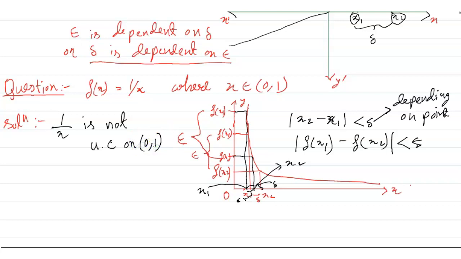So friends, I hope I could make this concept clear. When it is uniformly continuous, delta is dependent on epsilon, but here delta is not dependent on epsilon, it is dependent on the point.